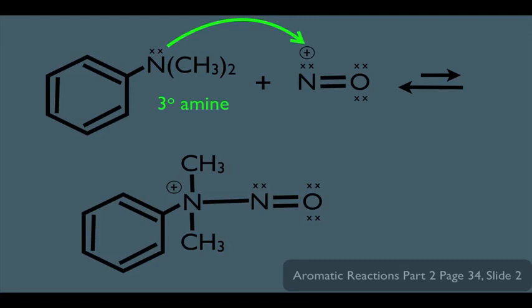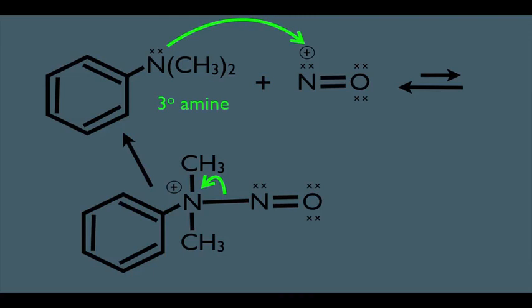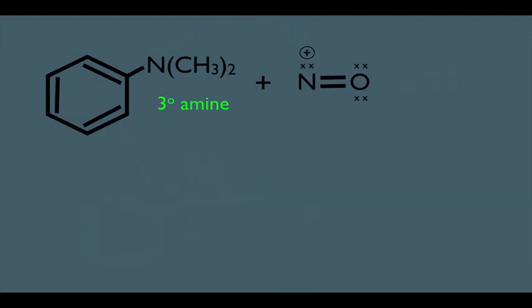So what happens here is that this bond breaks and lets go, which means we go right back to where we started. So this is why the diazonium salt can't form for tertiary amines. But just in case, I'd like you to know what can actually happen here instead.